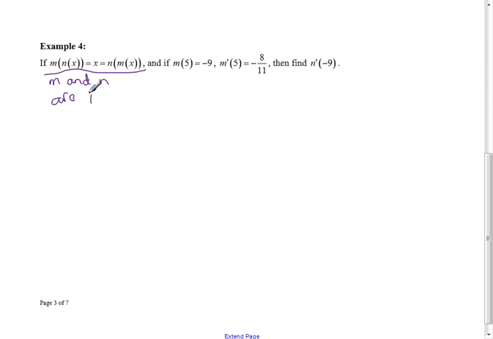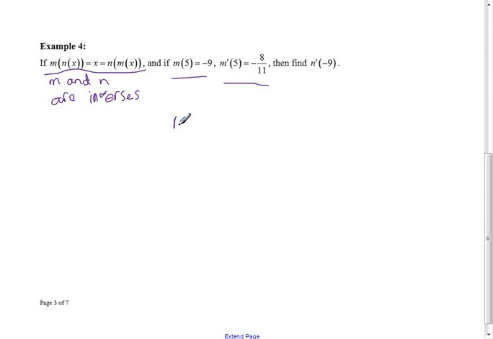So I probably will have to use some of the properties of inverse functions that we have talked about. Alright, so we're trying to find n prime of negative 9. We have m of 5 is negative 9. m prime of 5 is negative 8/11.